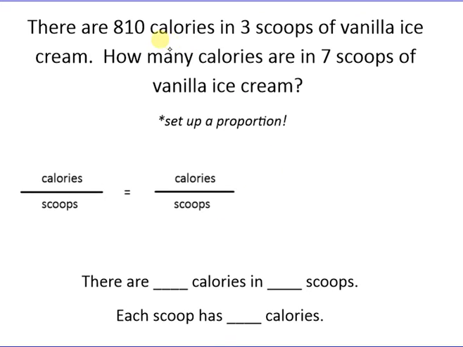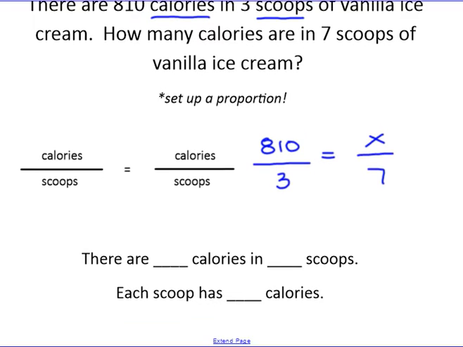But again, you just take it in the order that it gives you, unless it's money, in which case you put money on top. So we have calories over scoops. So we have 810 calories over 3 scoops equals, we don't know how many calories, over 7 scoops.